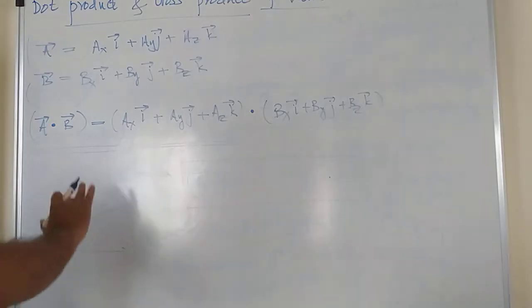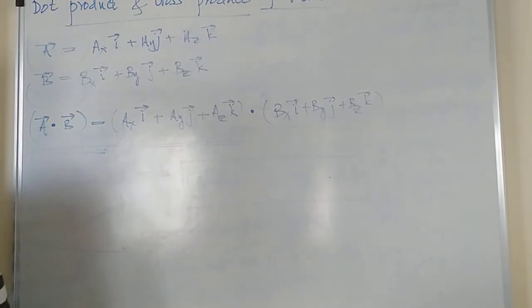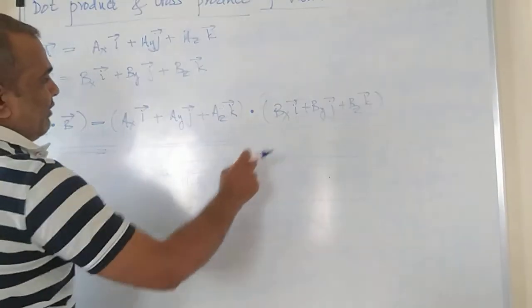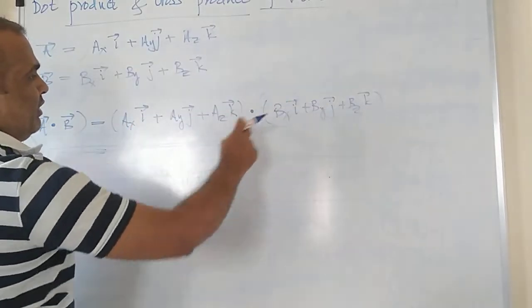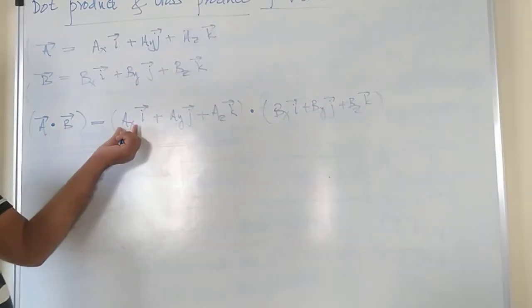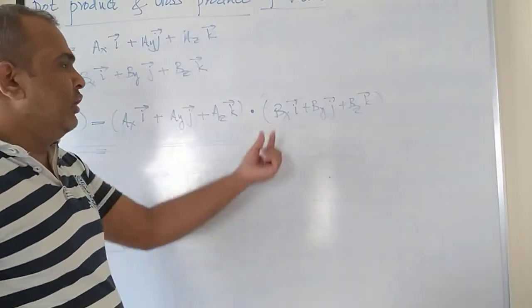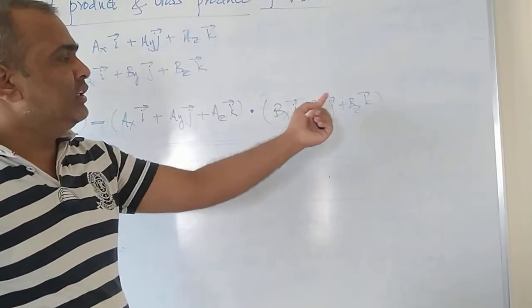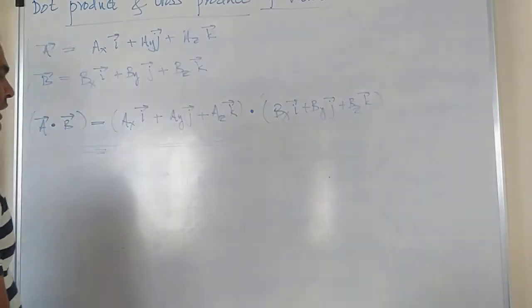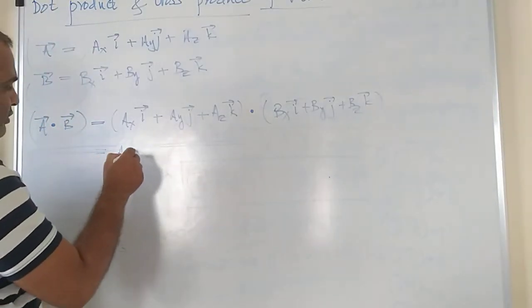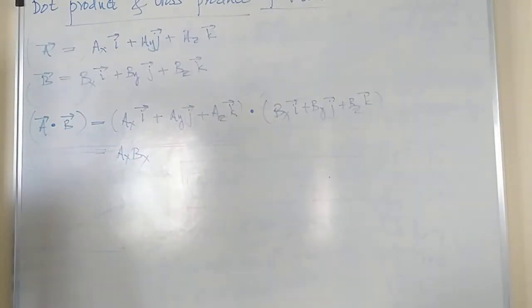Got it? Now multiply this, and after multiplication, I dot I will be 1, I dot j will be 0. So multiplying ax by the second bracket will give you only the first term, because the other two terms will give you 0. So let me write directly: this will give you ax bx.